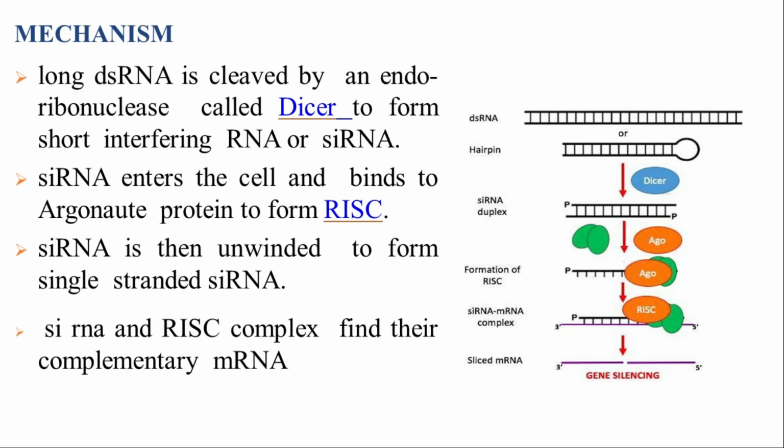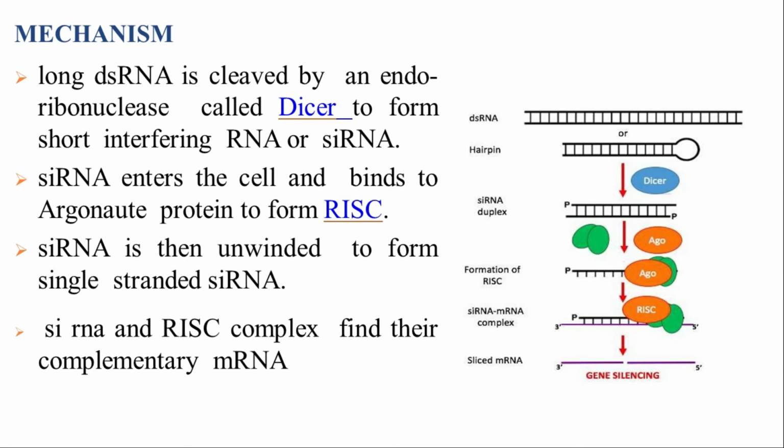Here you can see in the diagram that double stranded RNA or a hairpin like structure is shown. It is after dicer that gives you the sense and antisense combination and formation of RISC.